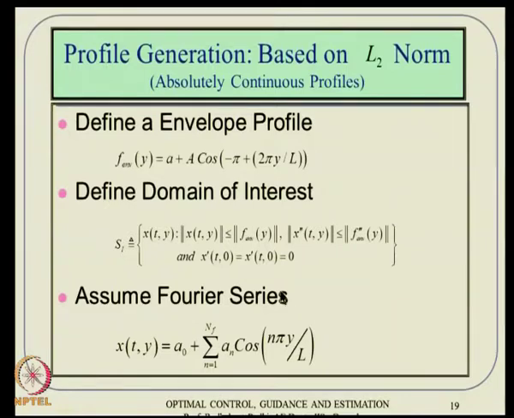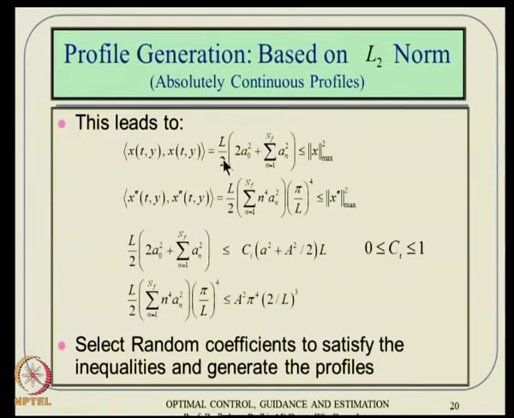Then here is the trick: we assume a Fourier series in this form. With this Fourier series, if I compute this inner product, it turns out to be this expression. By definition of our initial condition profile generation domain, this inner product is less than a certain maximum value, which is a fixed number.